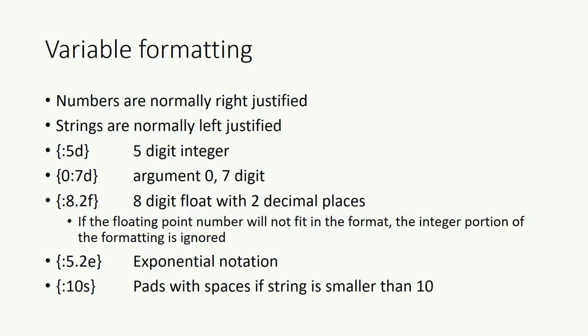A 0:7d would be the first argument, that argument 0 in the format, and a 7-digit decimal. Then we've got a floating point that's 8 characters with 2 decimal places.